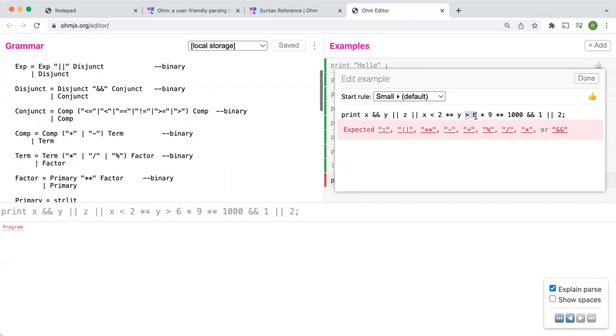Y greater than 6 times 9. Oh, did you see right here? It's that problem we talked about before. We can't have this less than and this less than at the same precedence level, right?